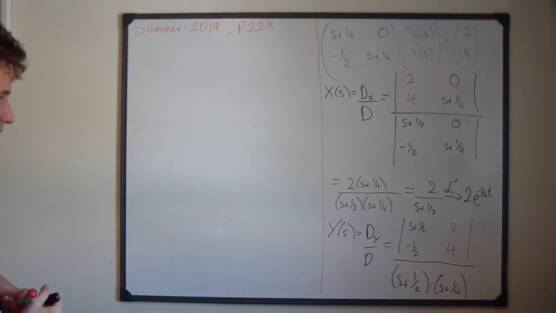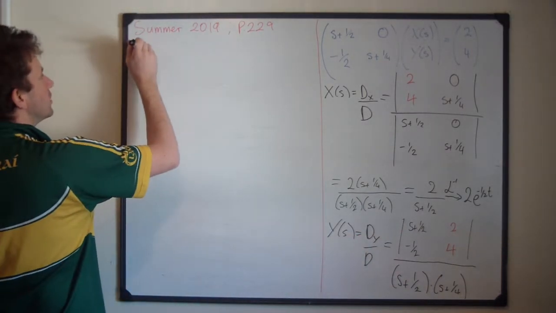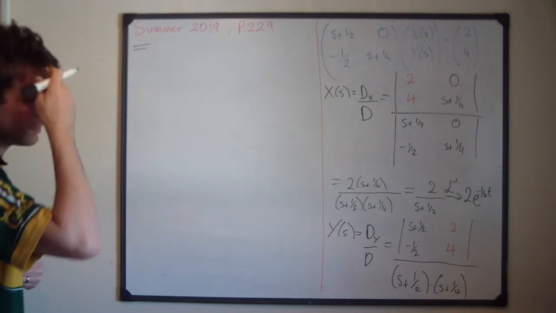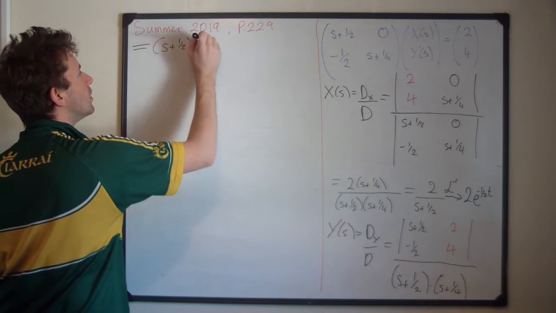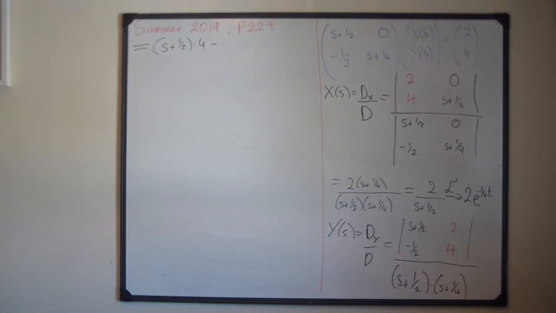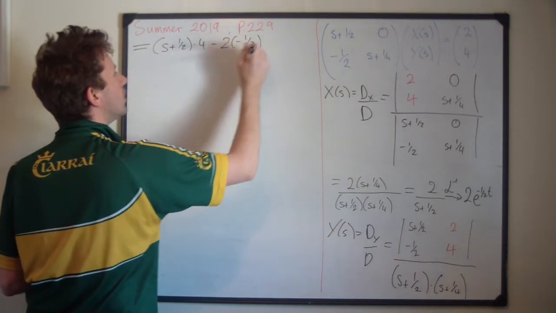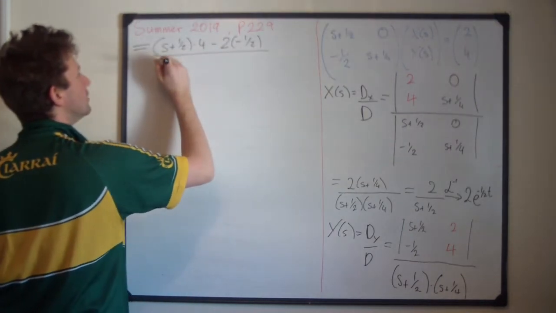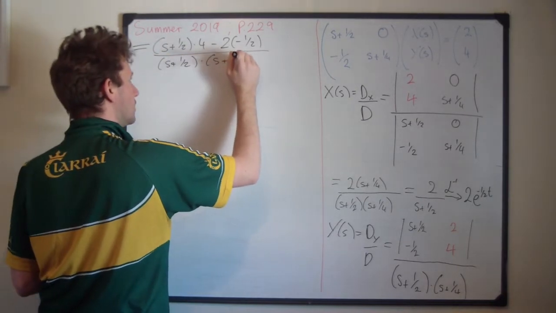Okay, so we have doing right down diagonal minus left down diagonal here. I get this is big Y of s is equal to s plus a half times 4 minus 2 by minus a half, all divided by s plus a half times s plus a quarter.